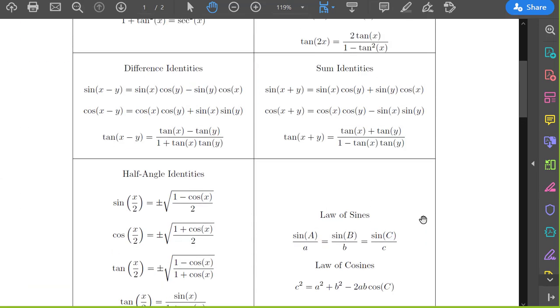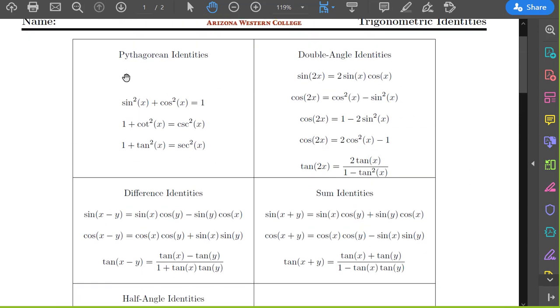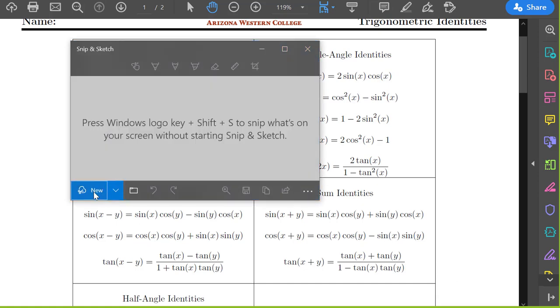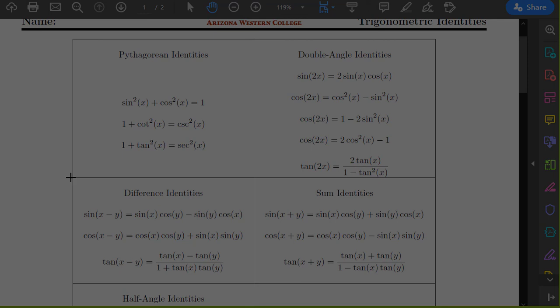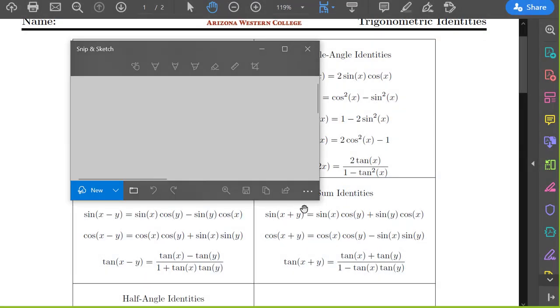So we're going to need our sum and difference identities. If we look at our identity sheet, we've talked about the Pythagorean identities. We haven't done double angle yet, that'll be a little bit later. But we do want to talk about our sum and difference identities. I'm going to grab these because we're going to use them in a bit.